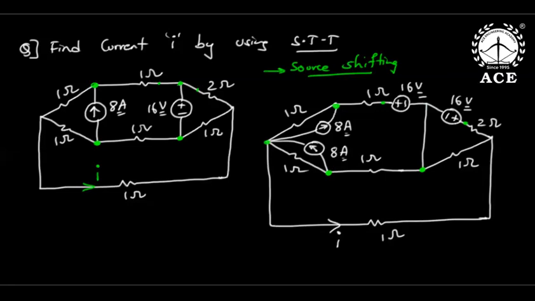This first step is very interesting, sir, everybody. Here 8 is leaving, 8 is entering. So here also 8 is leaving, 8 is entering. We neither added nor removed current. I did not make one current source into two current sources. The same current source, I wrote separately, the same effect.